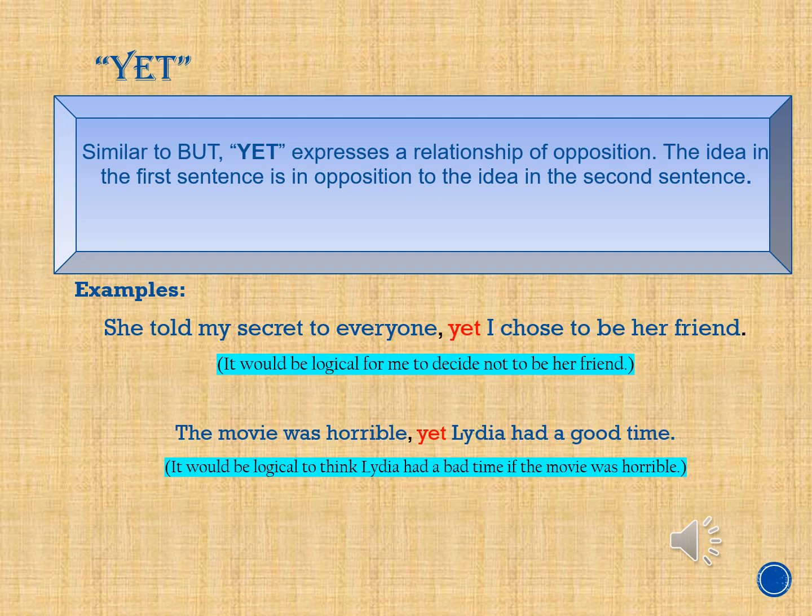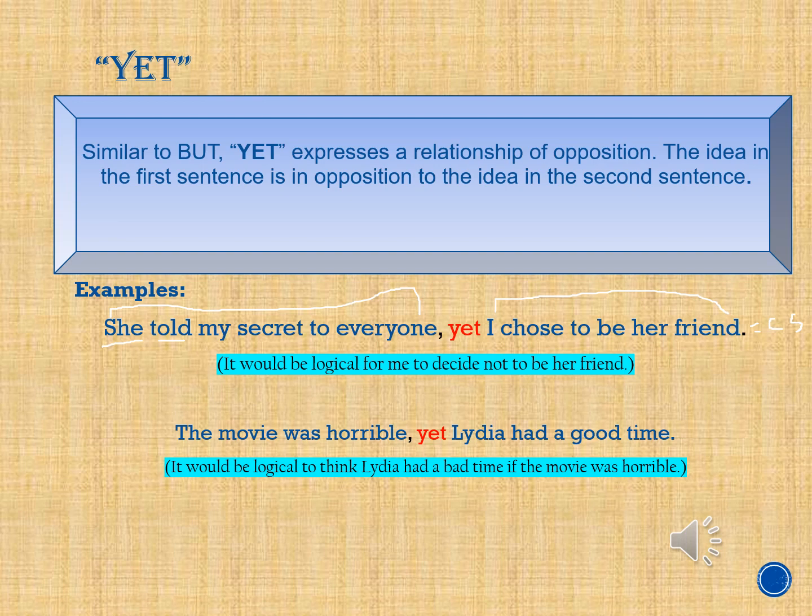So examples. She told my secret to everyone. That's my first independent clause. Yet I choose to be her friend. I choose to be her friend is my second independent clause. So she is my subject, told is my verb, my secret is the object, to everyone is the complement of this part.